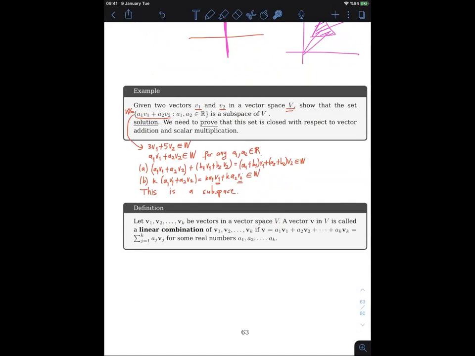Then, if I write something like this, where a1, a2, ak are numbers, and v1, v2, vk are these chosen vectors, I call this whole thing, which is a vector, a linear combination of these vectors, v1 to vk.